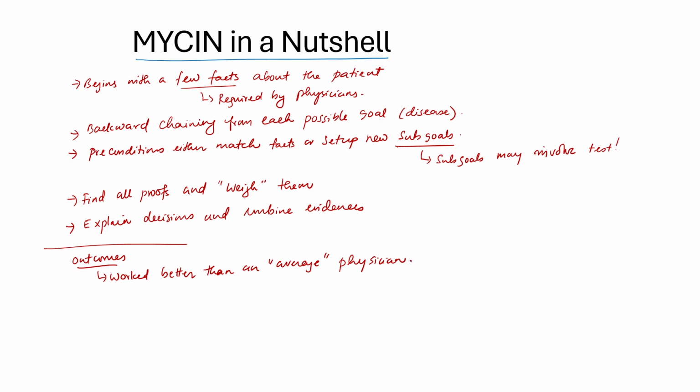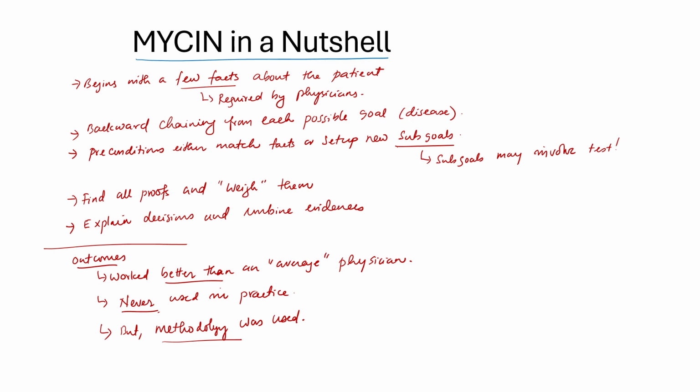Yes, so the system worked better than an average physician, but it was never used in practice. In practice, it never got used, but the methodology was used. People learned the methodology and that methodology became popular. So, this is MYCIN in a nutshell.